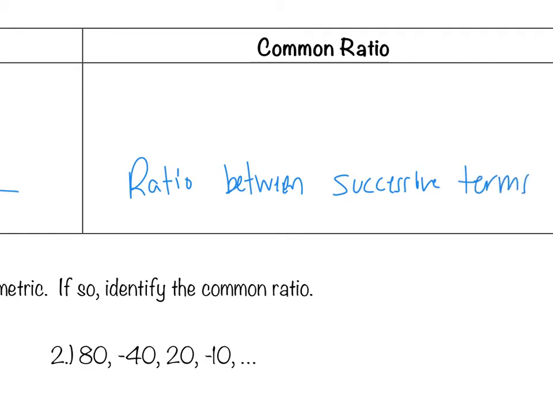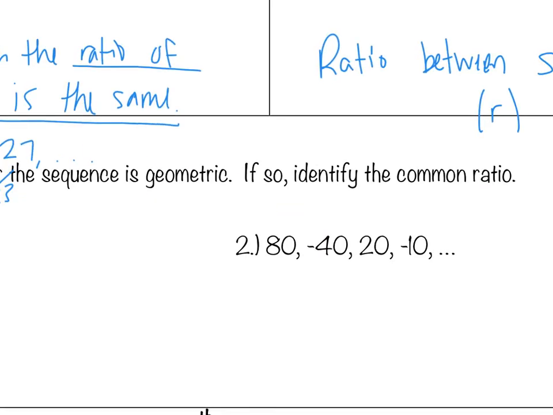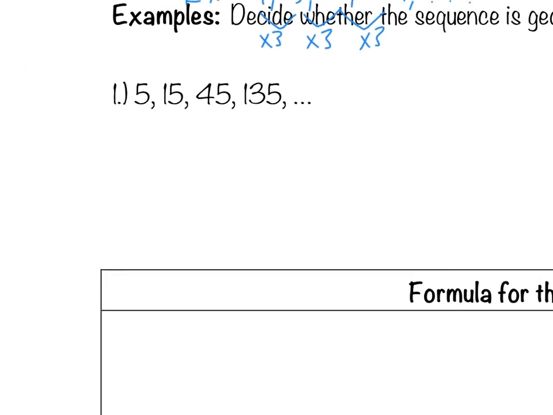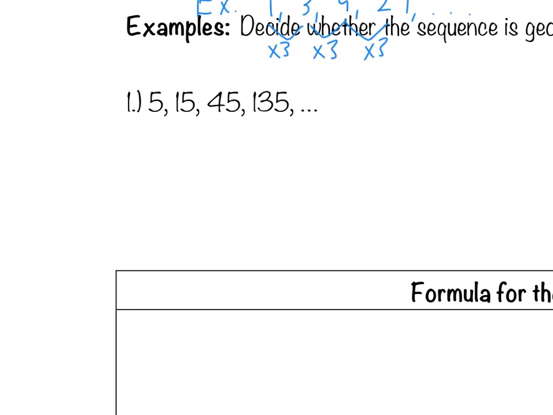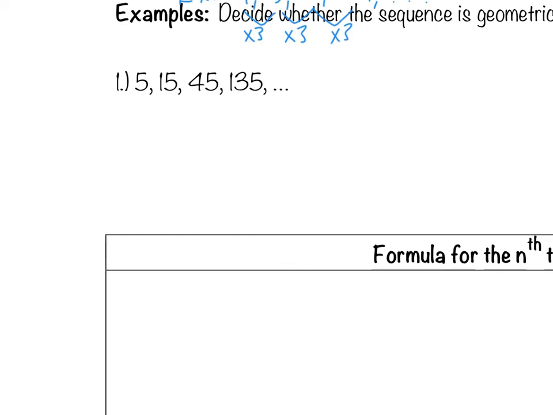And we use the variable r. So r represents that common ratio, just like d represented the common difference, the value that is being multiplied or divided between the numbers. This is going to look very similar to arithmetic sequences. You pretty much go through the exact same process, just with a different number between them.